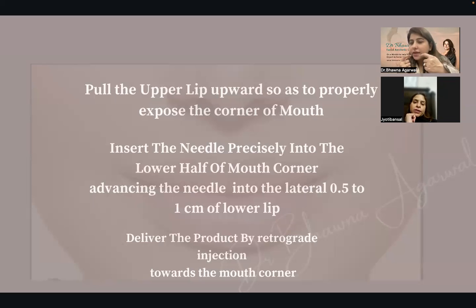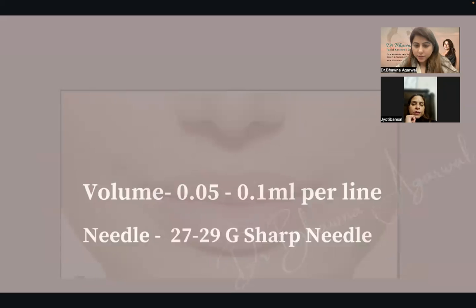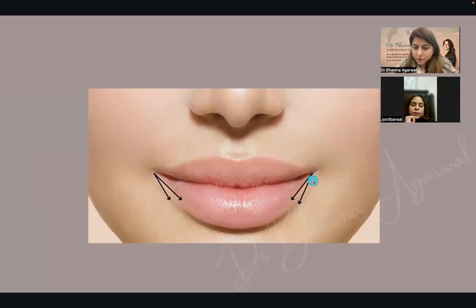Now here we are doing only the border, the vermilion border, not the body. Now, if in this case I want to increase the arch of the lower lip, then I will inject over here. This is the tubercle.